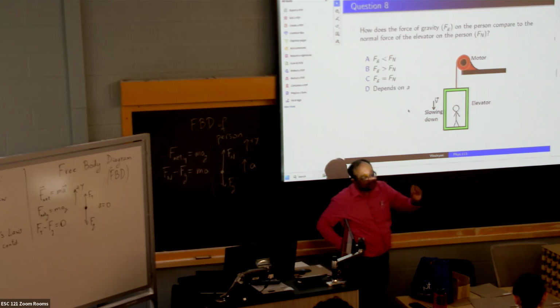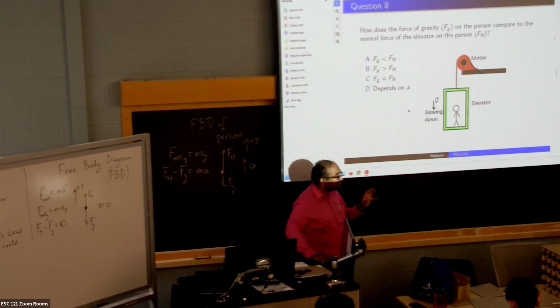So you want to break the idea of the sign of acceleration telling you something about the speed. The sign of acceleration simply tells you which way the acceleration is pointing. Right, but I know the speed remains positive.